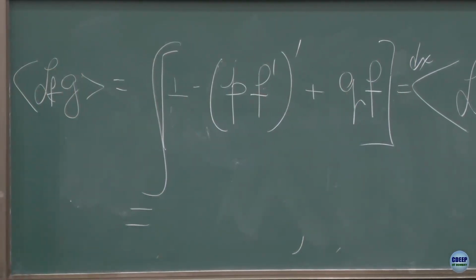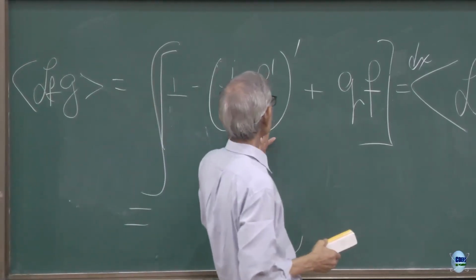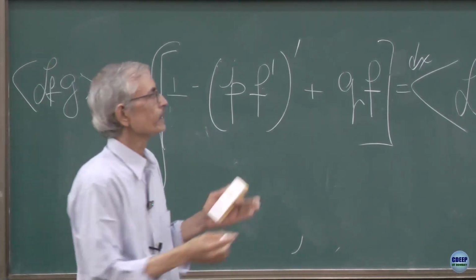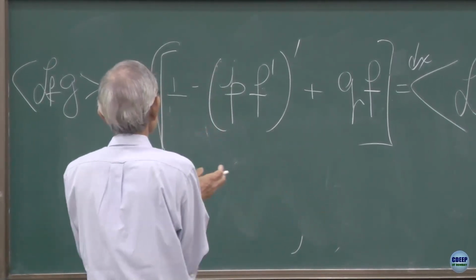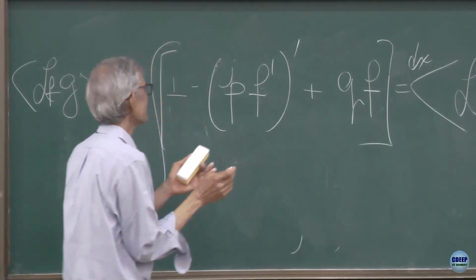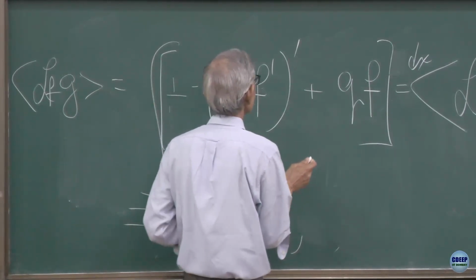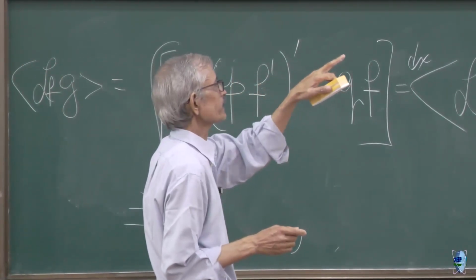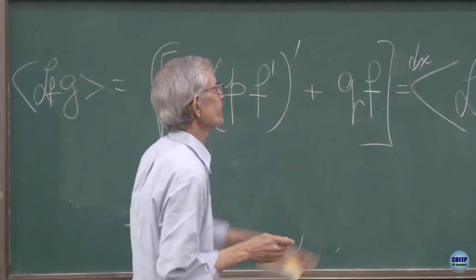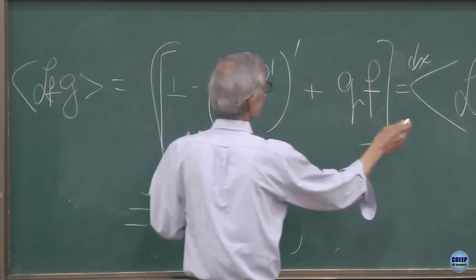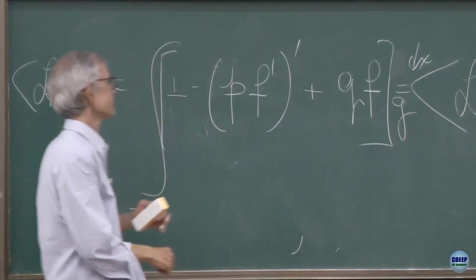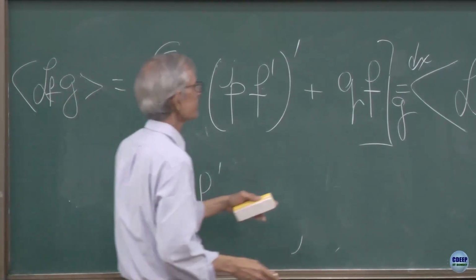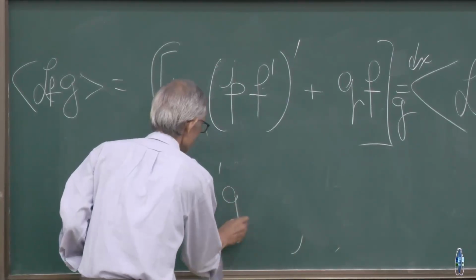Okay. So what we now are saying is that I have got this function here and I'm going to go ahead and open up the brackets to the extent possible. So this is d dx of p df dx plus qf, and there is a g sitting in there. Okay. So the first function, which is p f prime, times the integral of the second.